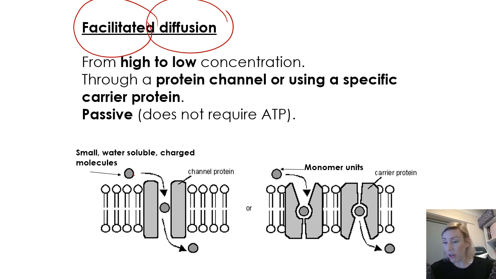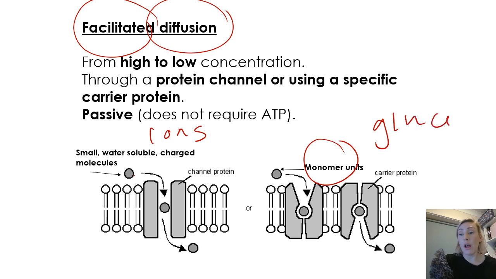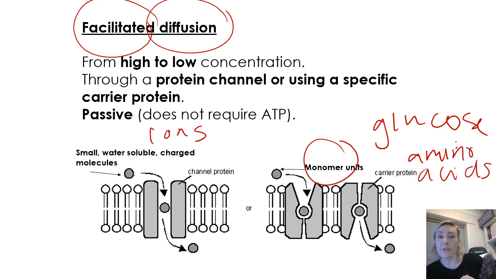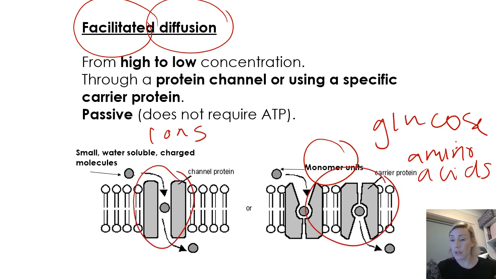Now, thinking about that simple diffusion before, there isn't much of a limit to how many molecules can pass across the whole of the phospholipid bilayer, because there's a lot of it. But one thing you've got to consider when you're thinking about these kinds of molecules, things like ions and monomer units, glucose, amino acids, is that they need to have the right protein to carry them across.